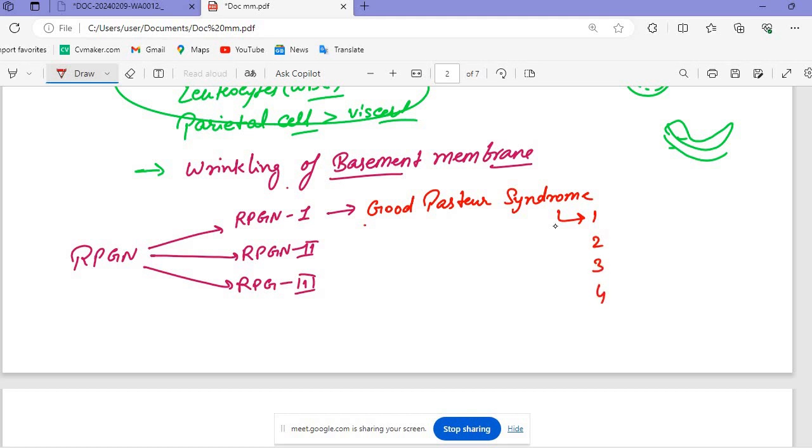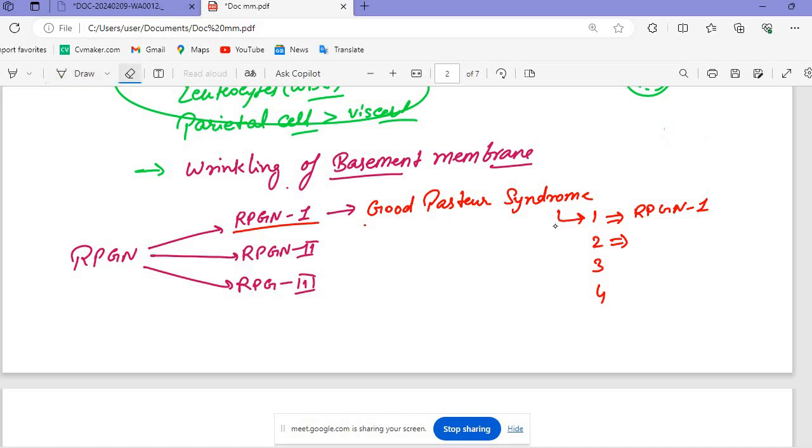What you need to remember: 1, 2, 3, 4. In Goodpasture syndrome, one we studied already, that it is RPGN 1. Two means which type of hypersensitivity is Goodpasture syndrome. Let's go back retrospectively and think about when you were studying hypersensitivity.